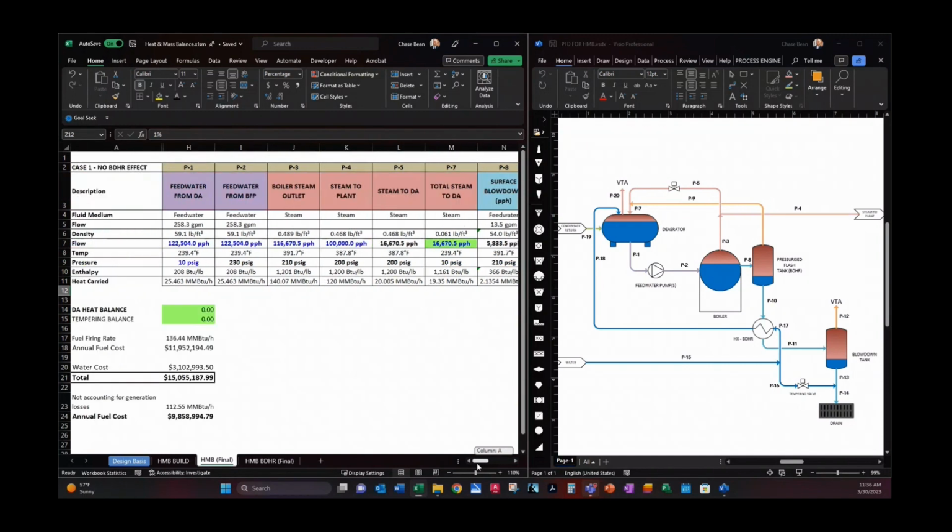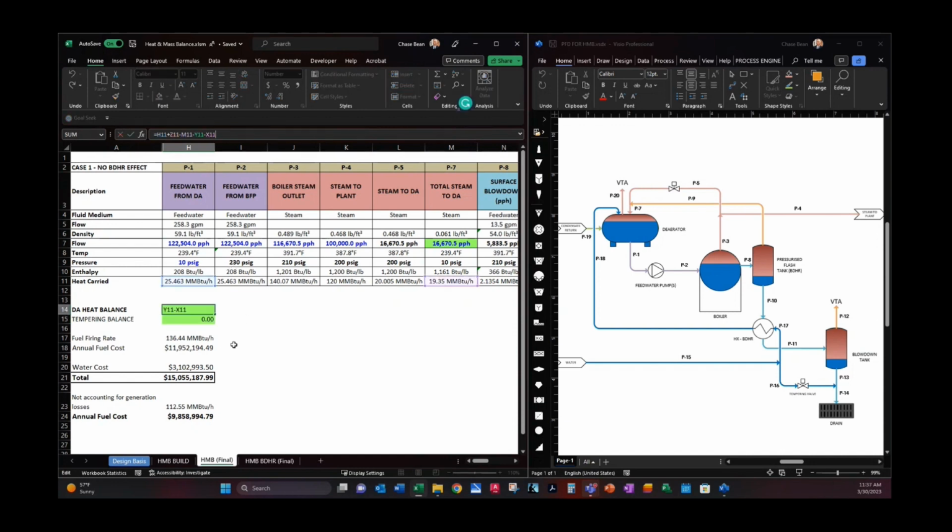These green fields are the balance fields. So in the end, I have every relationship in the system accounted for, but then there's a loose end at the deaerator steam flow and the tempering water flow. And so those have to be balanced out.